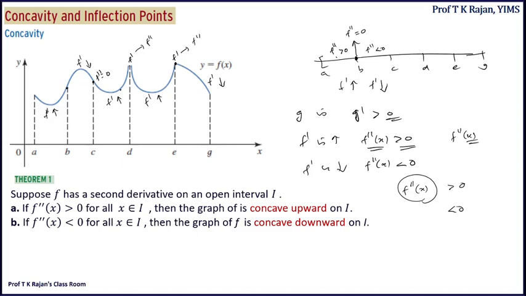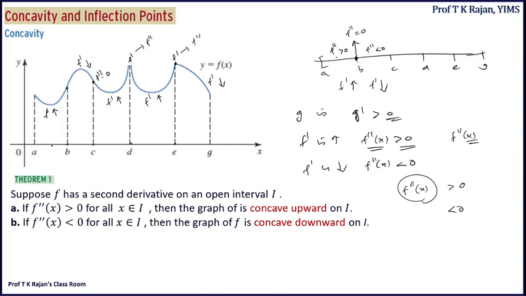Now, looking at this example curve, you can see that in order to find the intervals where the function is increasing and where the function is decreasing, we needed to identify these points B, C, D, E, where f double dash equals 0 or f double dash does not exist.